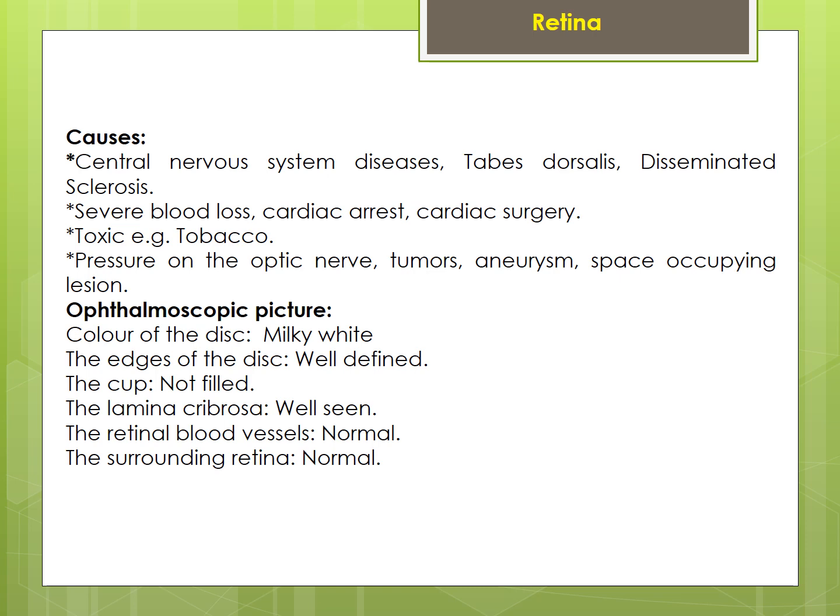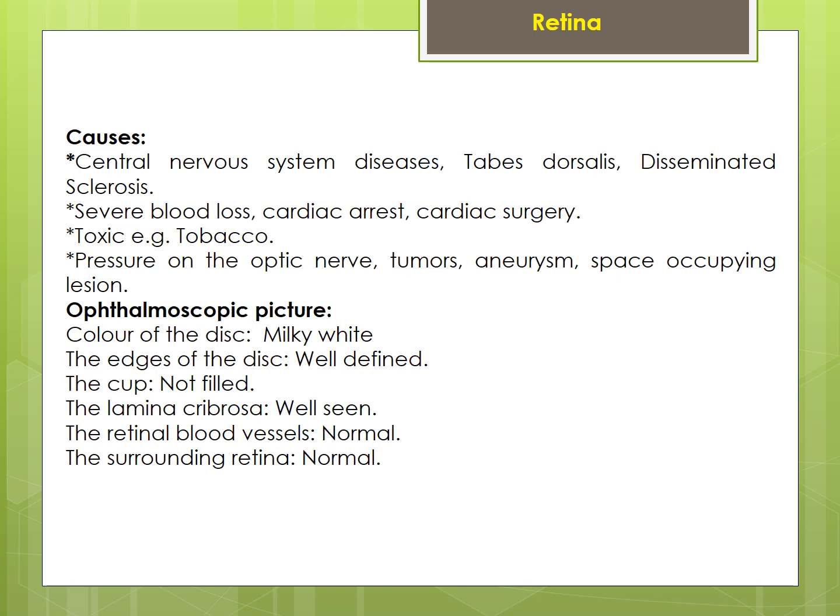So the causes include a central nervous system disease as tabes dorsalis, disseminated sclerosis, severe blood loss as in severe hemorrhage, cardiac arrest, and cardiac surgery, toxic as tobacco or cigarette smoking, pressure on the optic nerve by tumors, aneurysms, space occupying lesion.